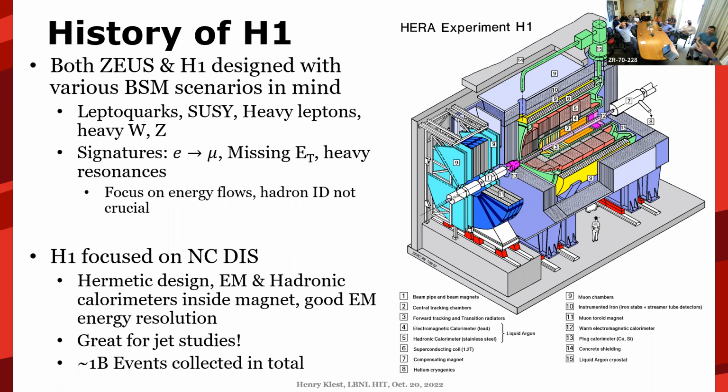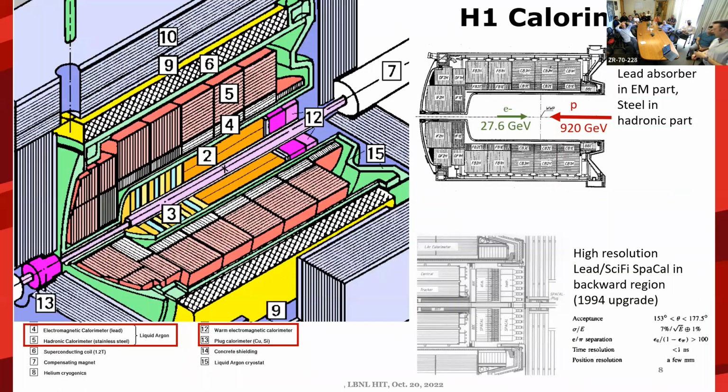Things like hadron ID were not the focus of these experiments. They were really looking for very striking high energy signatures in general. H1 focused a little bit more than ZEUS on neutral current DIS. ZEUS was more specialized in charged current DIS. And these detectors are both really fantastic for jet studies, which is great for us. And H1 has around 1 billion events in total on tape.